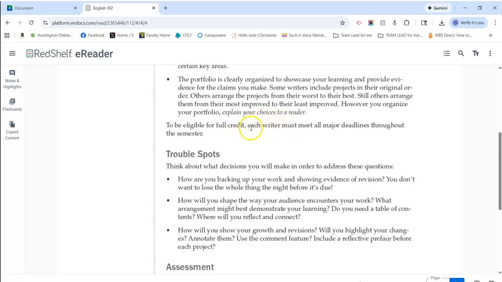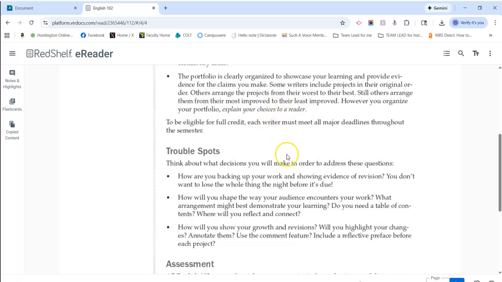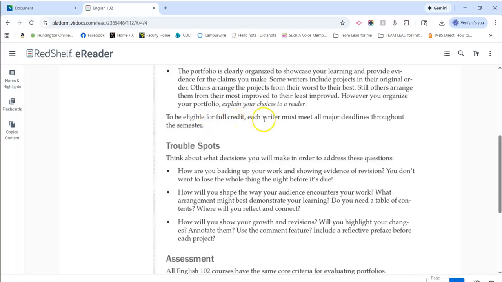And if you fail any one of the 3 projects, you've only got 3, you fail one of those, that's definitely going to highly affect your overall grade. Highly affect it. So you just want to make sure that you have all 3 of those in there and that I have seen them and given you feedback on them. Because if not, then it's going to really hurt your grade.